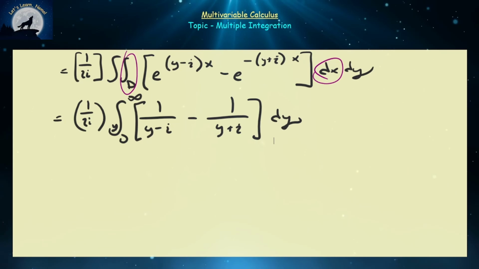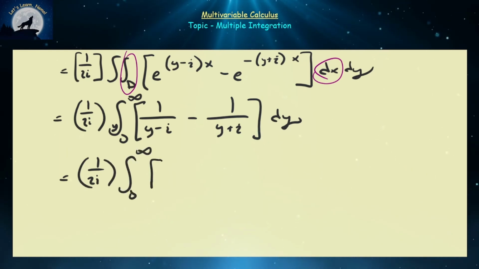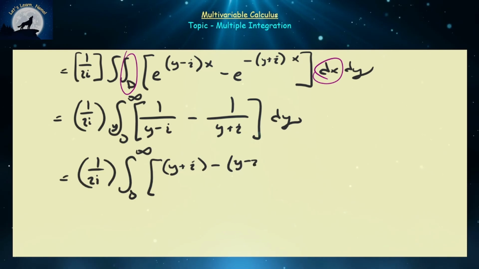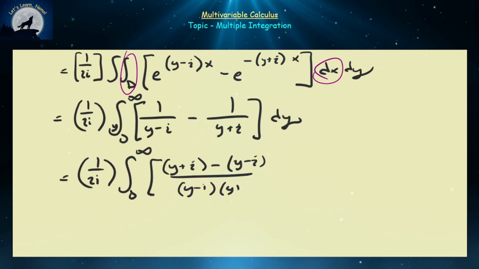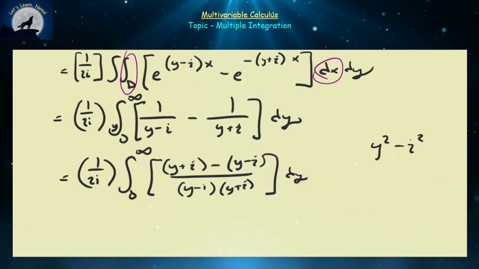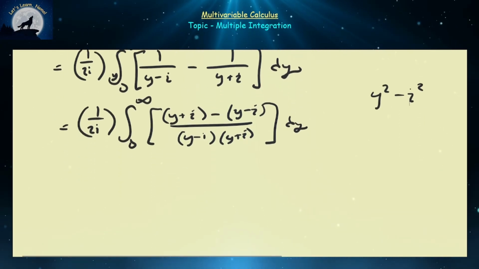All right, so once we have that, now we have two fractions, which we can easily get a common denominator for. So I can write this as 1 over 2i times the integral from 0 to infinity of y plus i minus y minus i, all over y minus i times y plus i, and that's just a difference of two perfect squares on the bottom, in particular y squared minus i squared. i squared is equal to negative 1, so that's y squared plus 1 on the bottom.